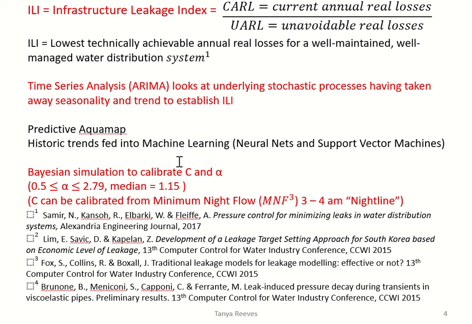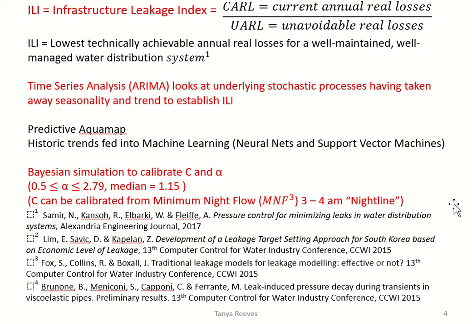So the predictive Aquamap would use machine learning to try and predict trends based on these underlying stochastic processes which we would have found through ARIMA.